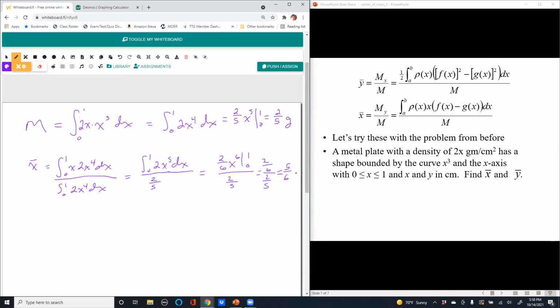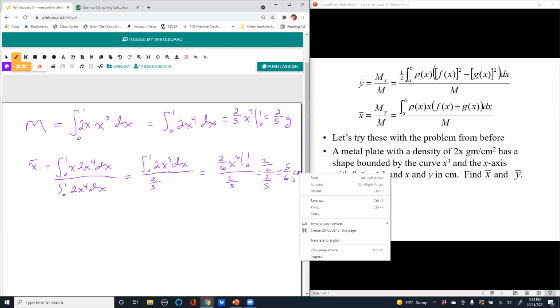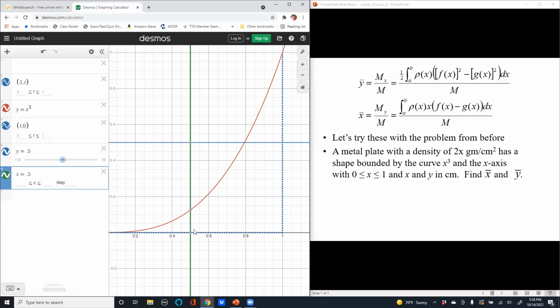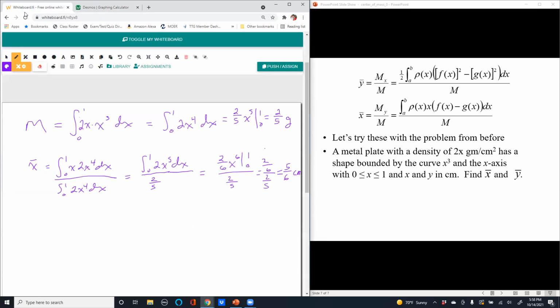X bar is some distance from the origin, so 5/6 centimeters. Going back to our graph, 5/6 is a little bit more than 0.8. That seems pretty reasonable for this center of mass, somewhere along this vertical line here. Questions about x bar?